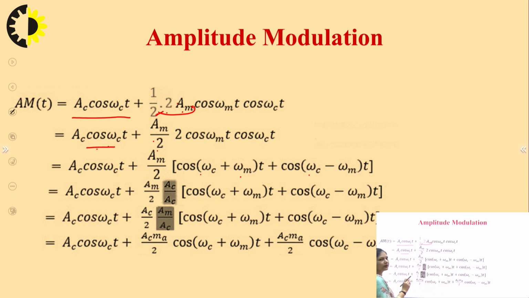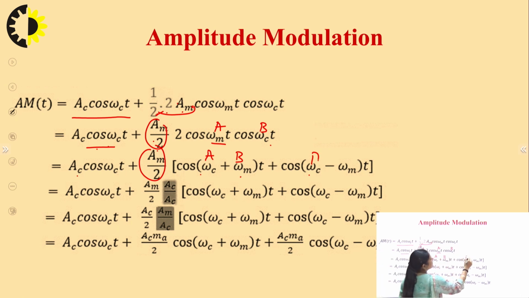So we have used the trigonometric identity here: Ac cos omega c t remains, and Am by 2 times cos(A plus B) plus cos(A minus B), where A is omega m t and B is omega c t. So ultimately we have this equation. Now in this we are multiplying and dividing the signal by Ac.